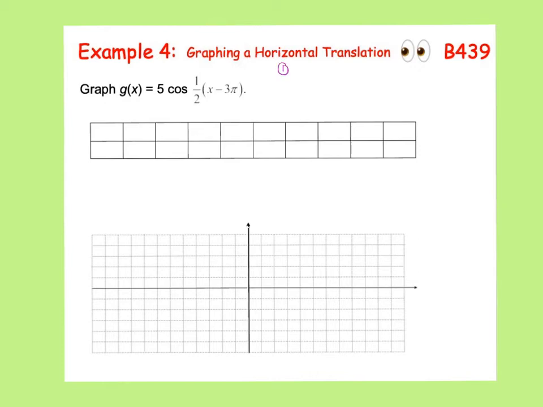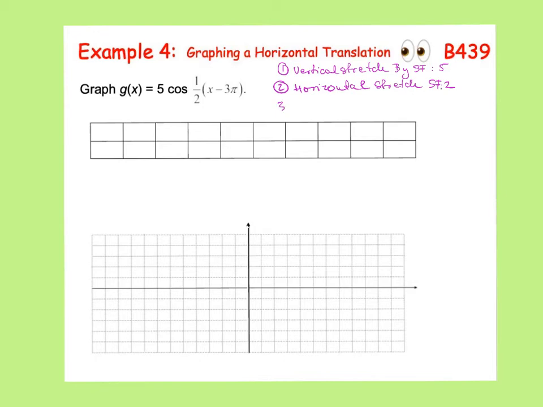So first transformation is a vertical stretch by a scale factor of 5. The second transformation is a horizontal stretch by a scale factor of 2.